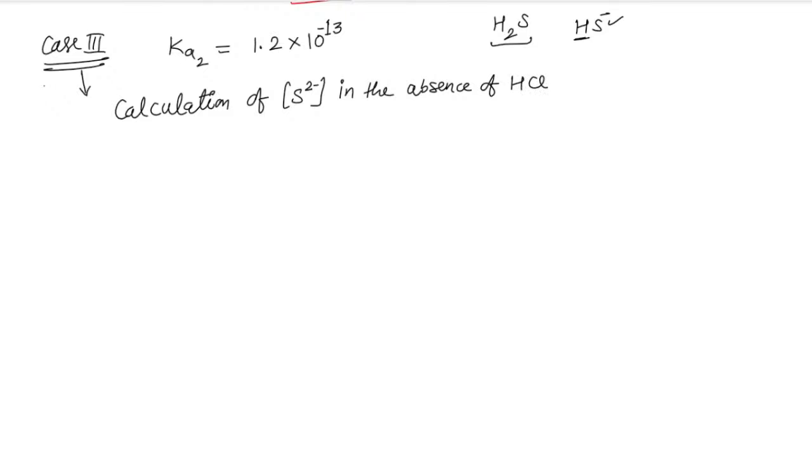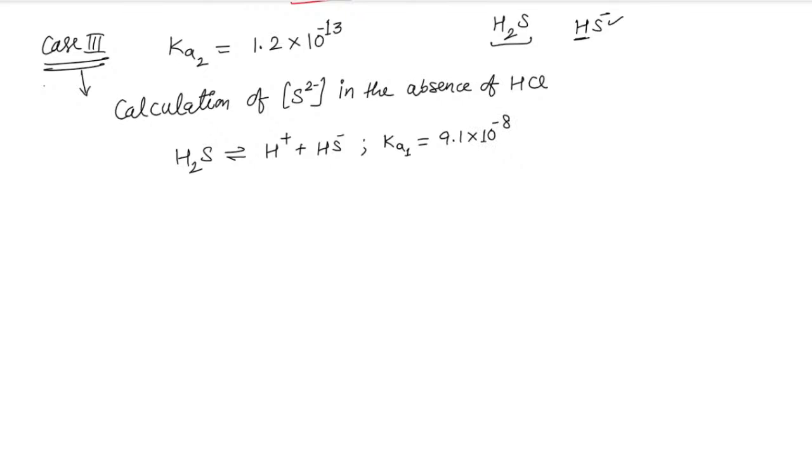H2S is first converted into H plus and HS negative, and Ka1 is 9.1 into 10 raised to power minus 8.